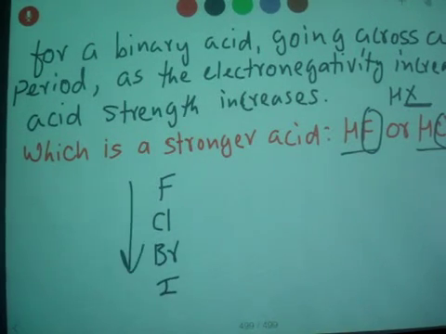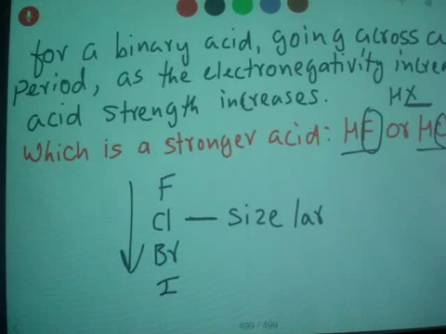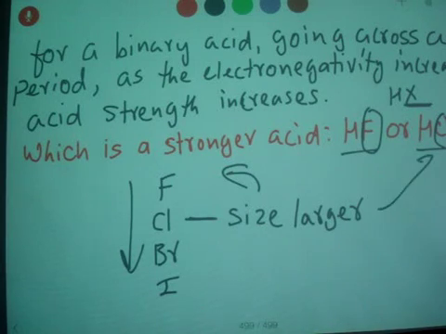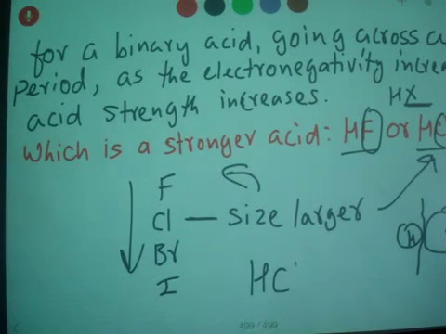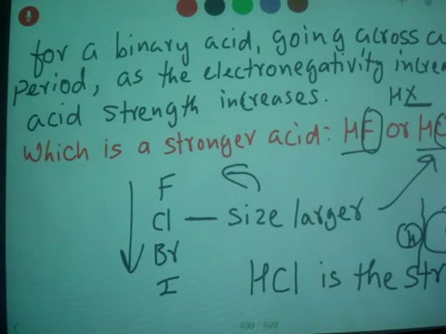When you go down, what happened? Exactly. The chlorine size is larger than fluorine, right? So if this is larger, it can easily remove the H ion compared to HF. So which acid is stronger? HCl is the stronger acid. So that way you can find the strength of that acid.